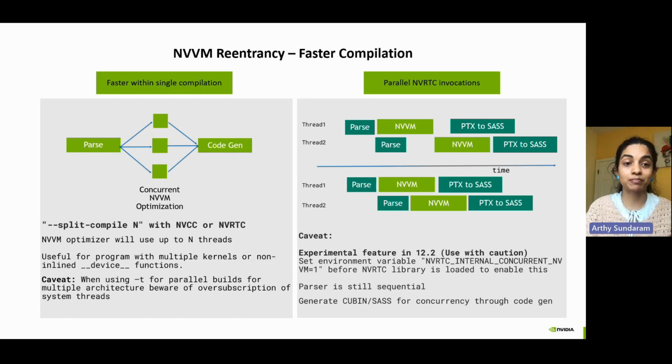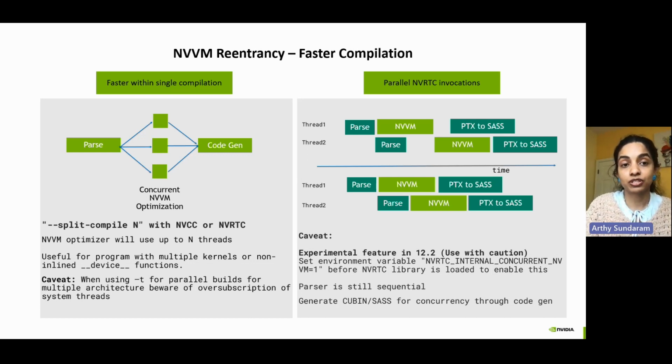Now that I'm done with my preamble, the feature is basically allowing the NVVM optimizer to be parallel. If you have multiple NVRTC invocations, as you can see at the top, before, the NVVM optimizer could not be parallel. If an NVVM optimization phase was already kicked off from one thread, the next thread was waiting for that to complete.